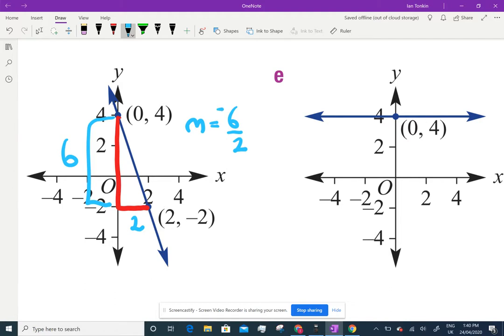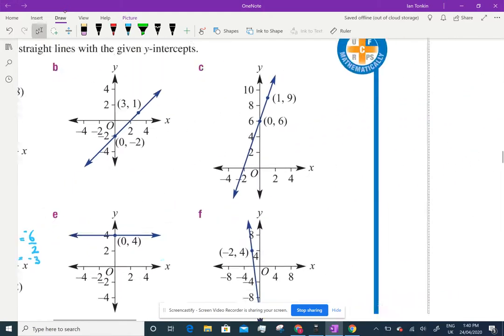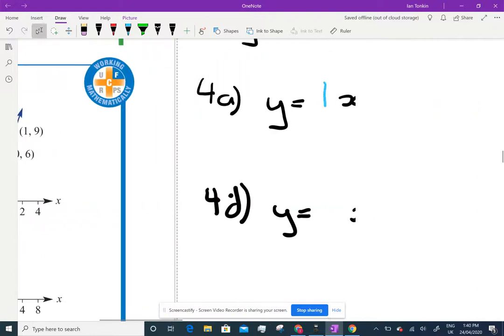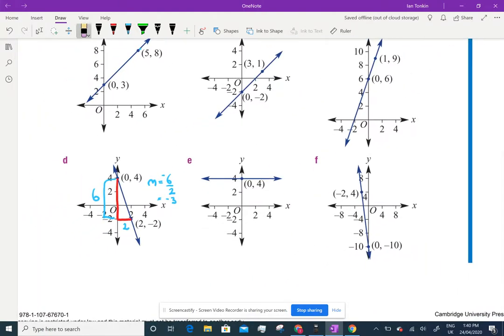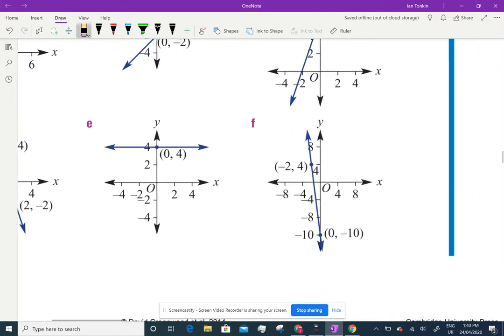So it's negative 6 over 2, which is negative 3. So go back and put a negative 3 in front of the x. So negative 3x plus 4. Okay, so this is pretty easy. And as soon as you know the gradient and the y-intercept, you've got an equation.